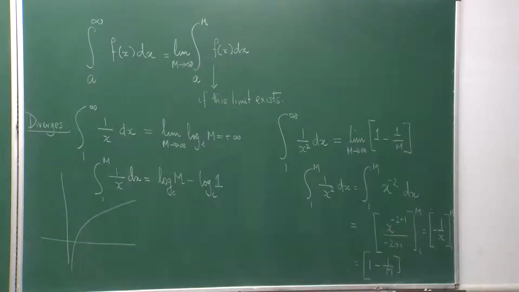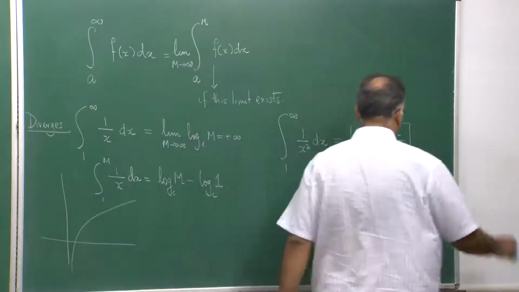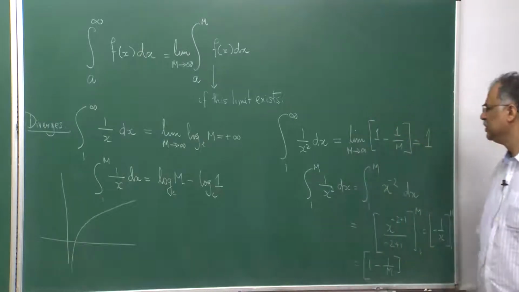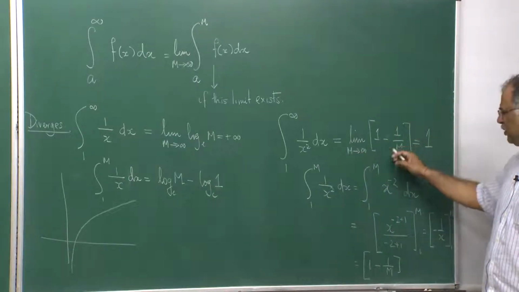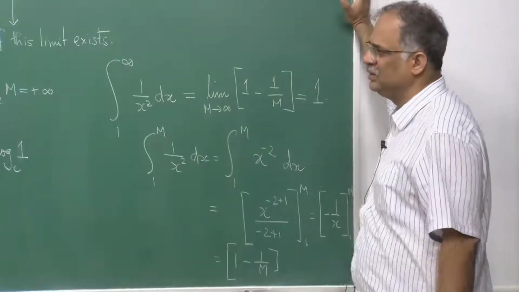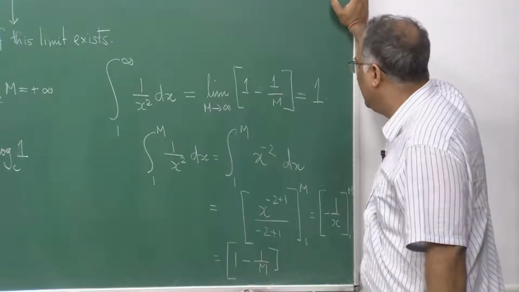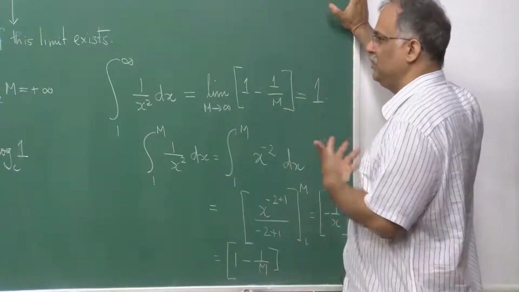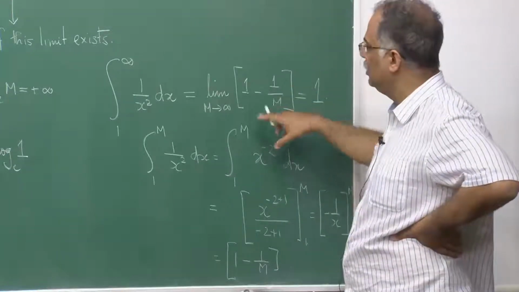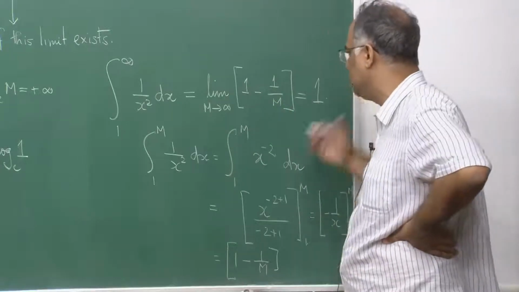So, that limit is 1, because as m goes bigger and bigger, this goes to 0, because m is going to infinity from the right side. So, this goes to 0, while we have 1 here which is free of m. So, that is the limit.